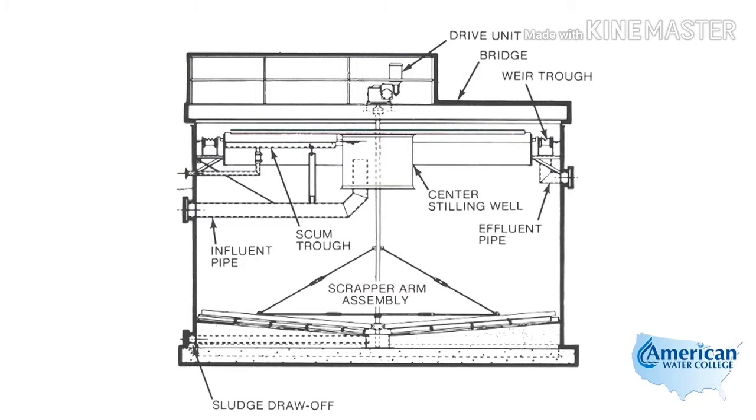Here we have pictured a round or circular clarifier. The water comes in the influent into the center stilling well. This is the influent zone. The water then leaves the stilling well and moves outward through the settling zone.